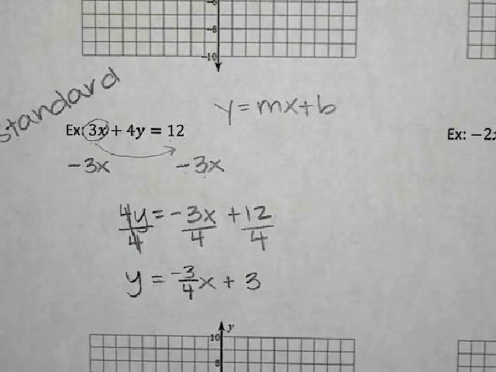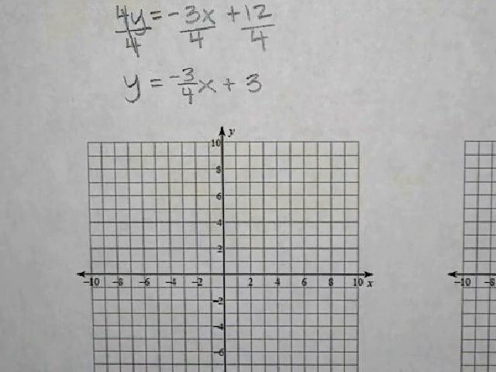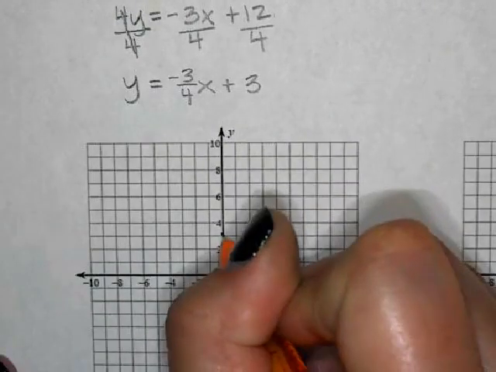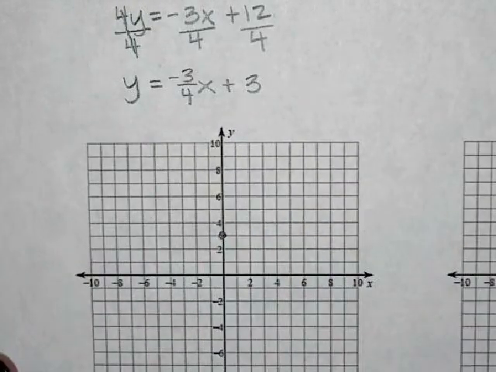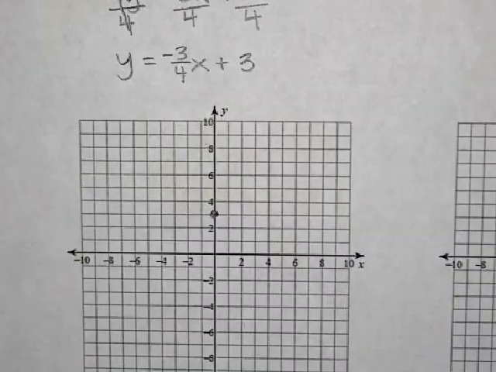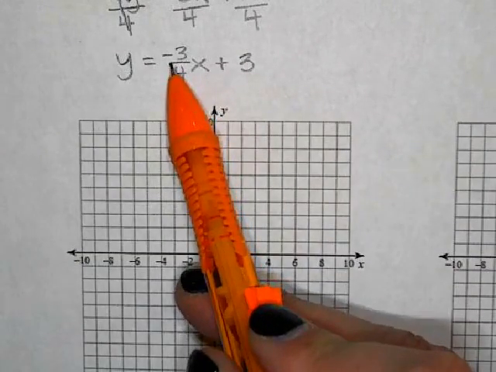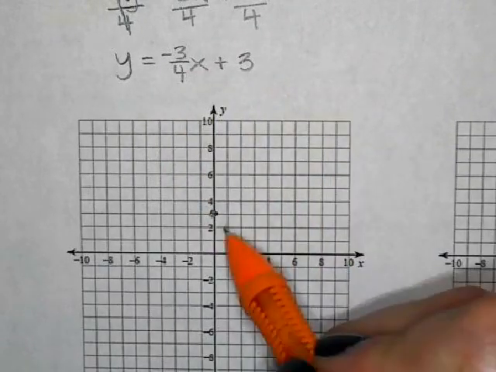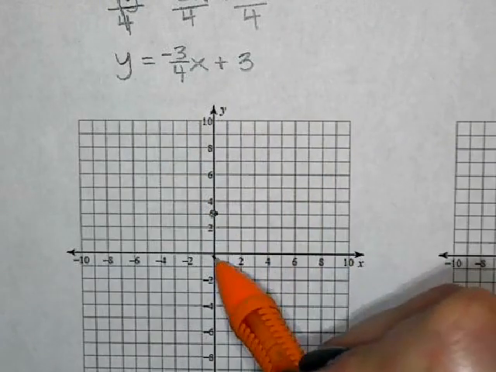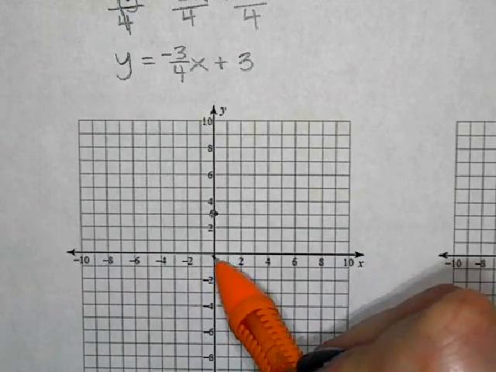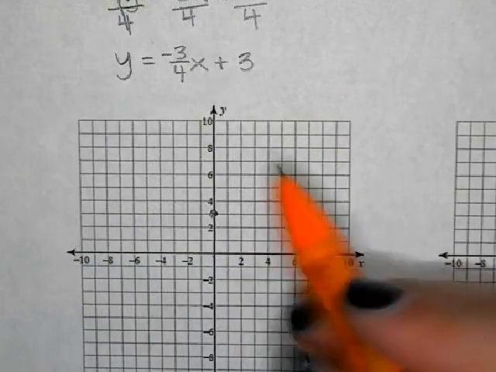So how do we start? Okay, start at positive 3. We got a negative slope, so we're going to go down. We're going to go down 1, 2, 3, and then go 4 to the right. 1, 2, 3, 4.